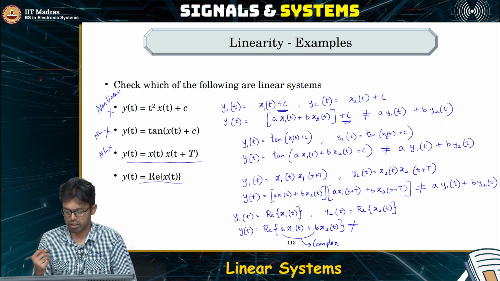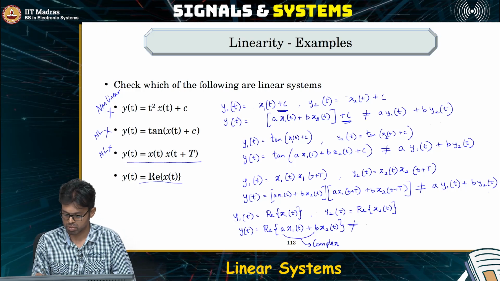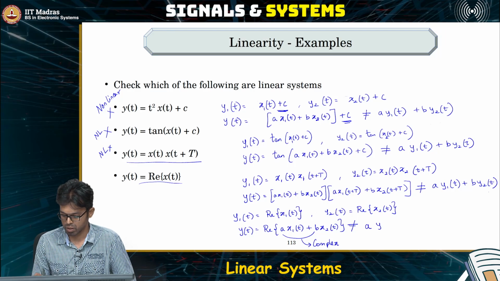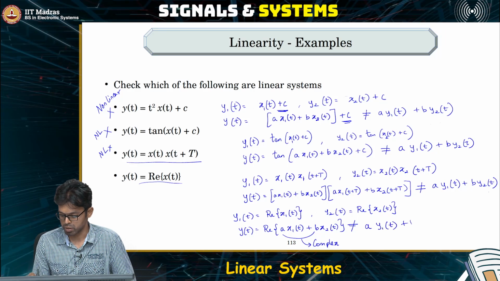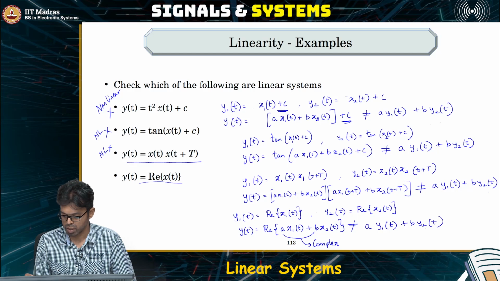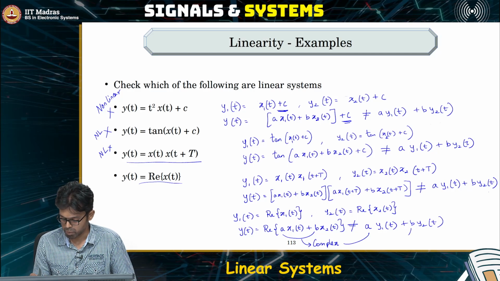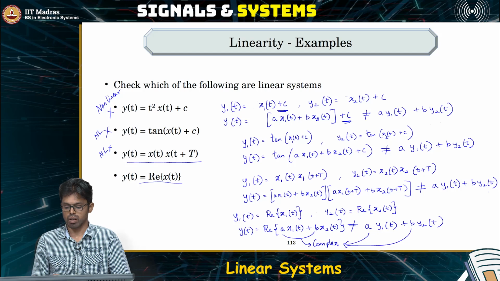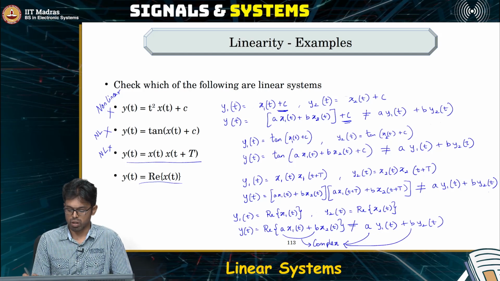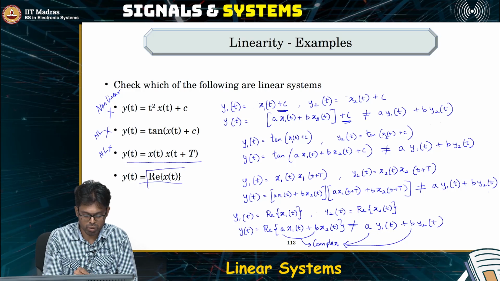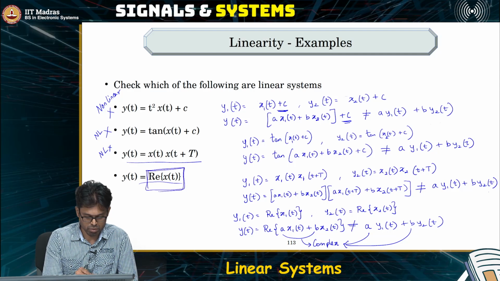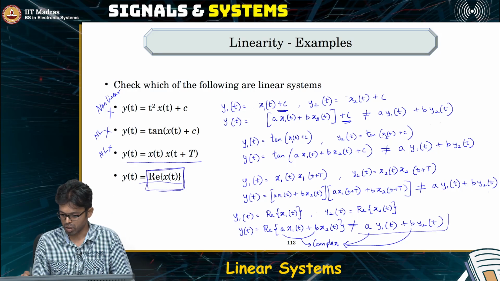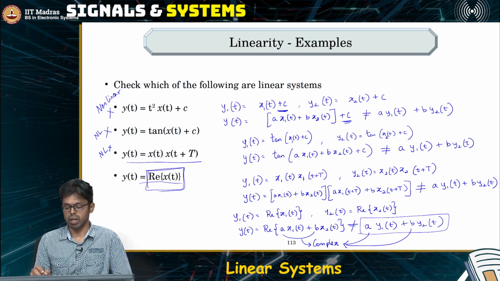This is not equal to a times y1 of t plus b times y2 of t, because these can be complex numbers. So what we have here is the output is always a real number, right? But this linear combination can be a complex number.